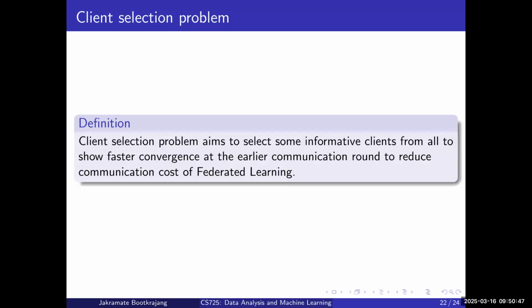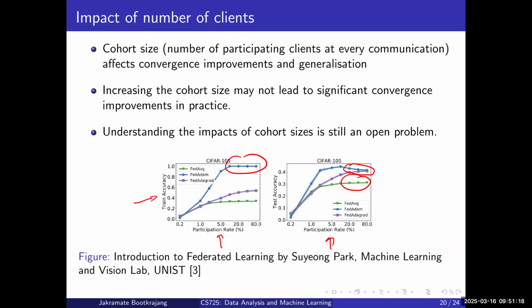So the client selection problem is also another axis for federated learning, right? Because if you select very strategically, it will lead to a faster convergence and reduce the communication cost. So in the graph here, when they pick the cohort size, they pick at random, like uniformly random.